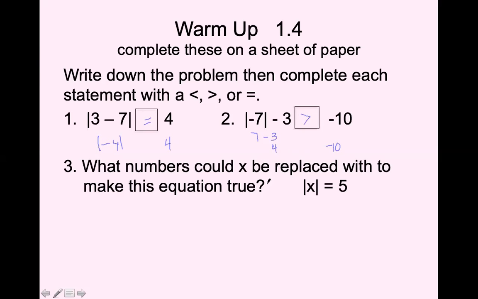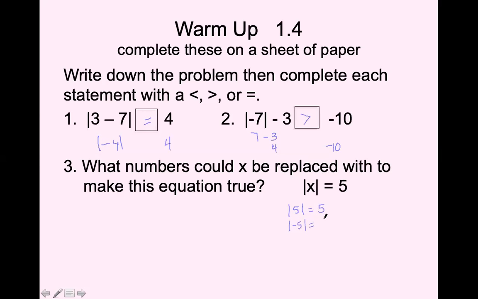Question number 3 asks, what number could x be replaced with to make this true? So what numbers have an absolute value of 5? Well, definitely 5, right? Absolute value of 5 is 5. And what else is 5 units from 0 on a number line? Well, that would be -5.